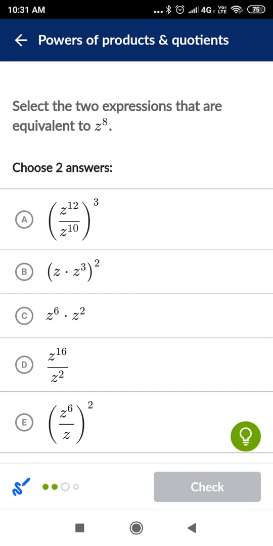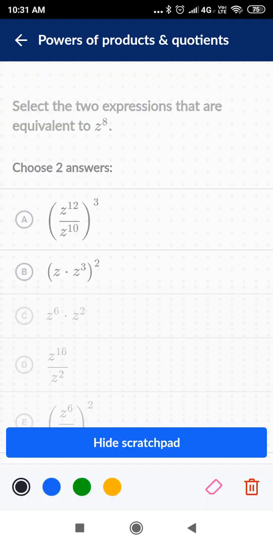Select two expressions that are equivalent to z to the power 8. Let us see. Let's evaluate all the expressions and then see what we get. This is equal to z to the power 12 minus 10, that is z to the power 2, whole thing to the power 3, that is z to the power 6. 2 into 3, 6.